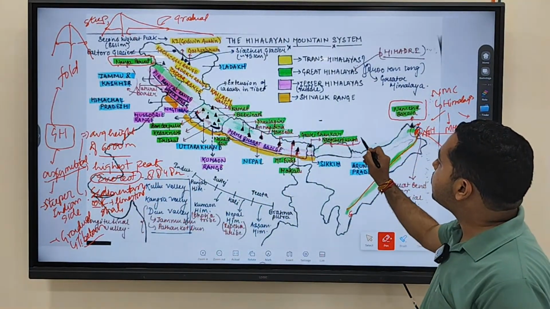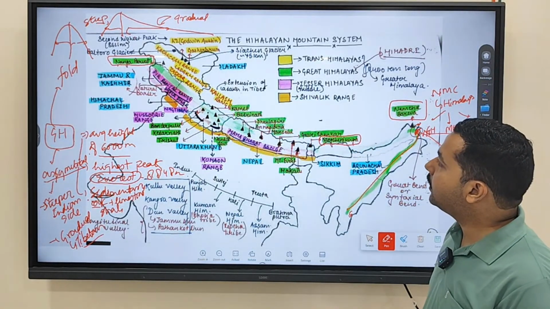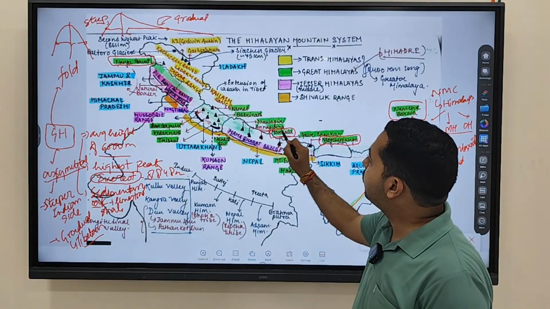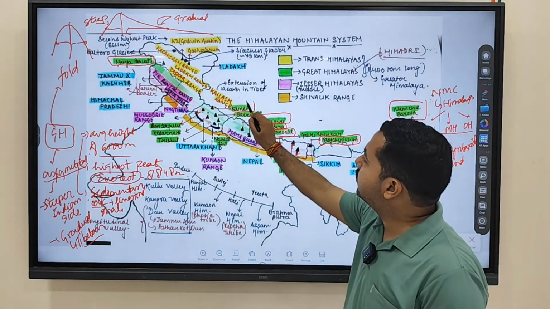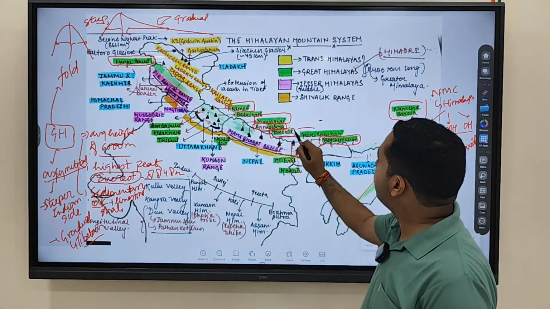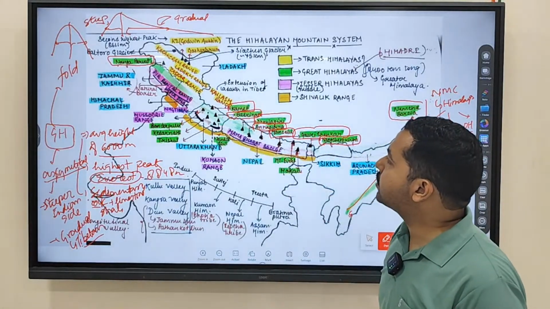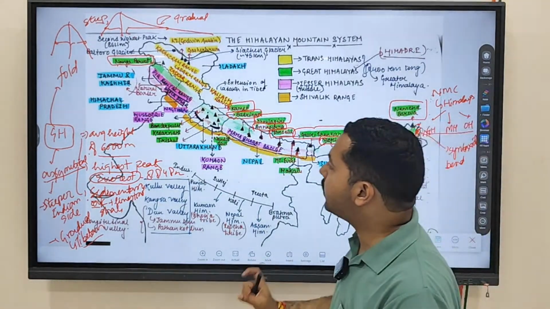Another is Kanchenjunga. Another is Mansalu, Annapurna, Dholagiri, Kamet, Gauri Shankar, Badrinath. All these are examples of Greater Himalayan ranges.